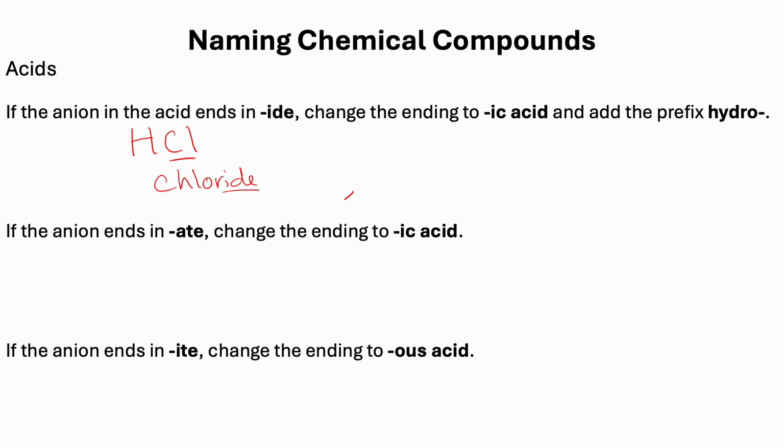Then since it is ending with IDE, we change this into IC, which is chloric. So the name of this HCl is, we use hydro at the beginning and the anion part is chloric, so hydrochloric acid.